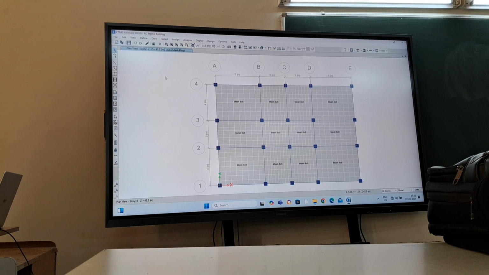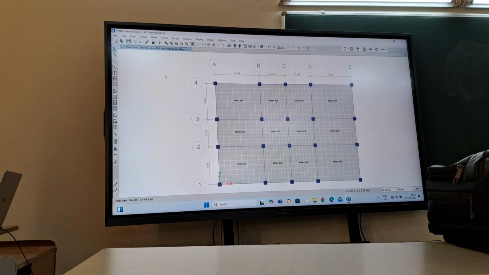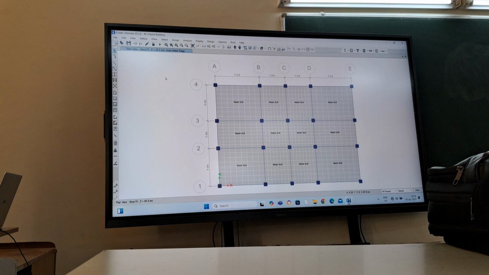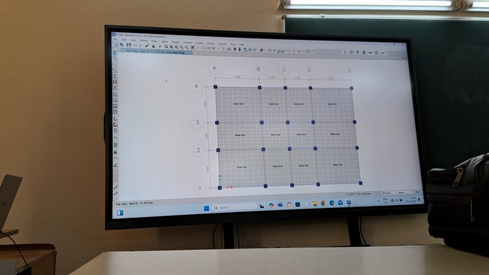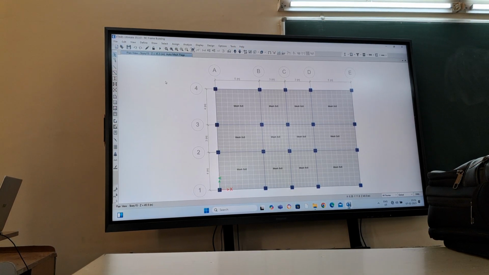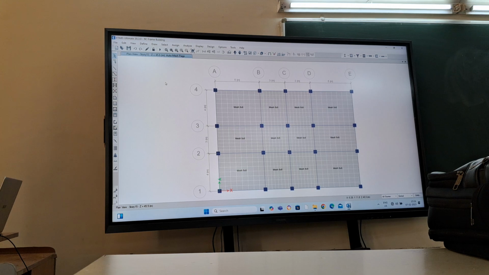Okay, so the rigid diaphragm, when you are modeling the membrane, you do not have to go for rigid diaphragm. Because the purpose of membrane is to simulate the in-plane behavior, and we assume that the in-plane stiffness of this entire floor diaphragm is very much high.